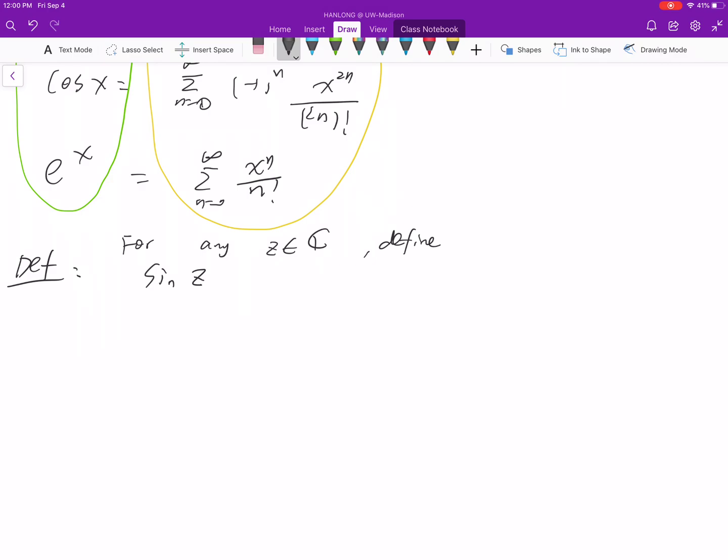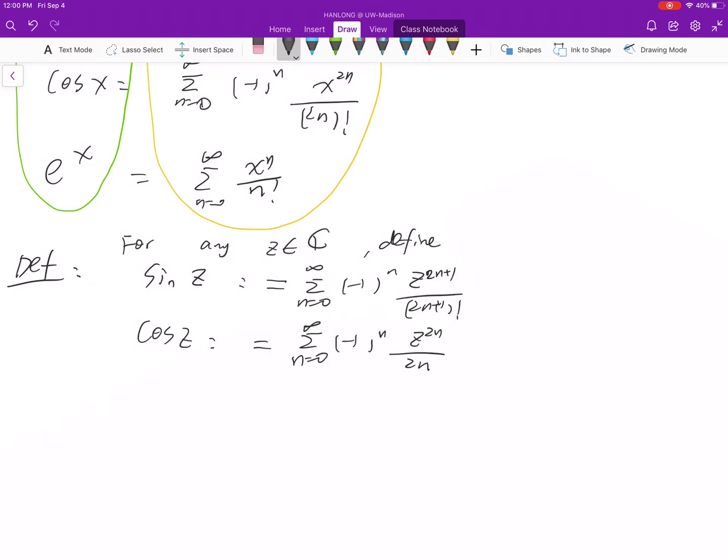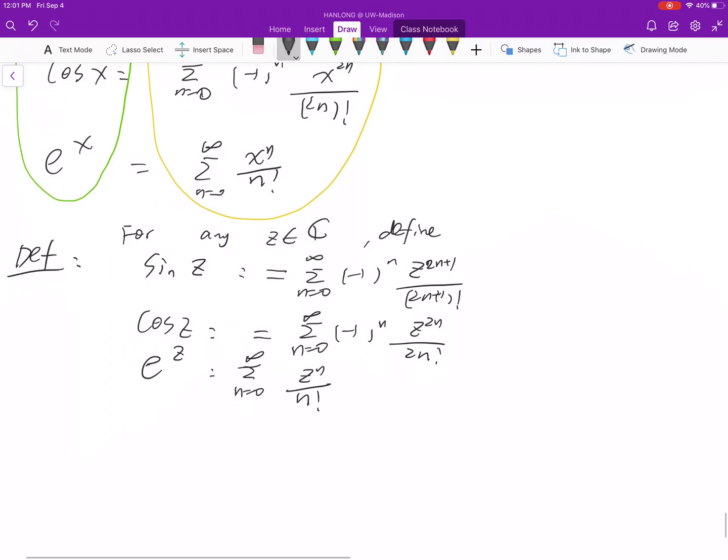define sine z by the power series, the sum of (-1)^n z^(2n+1) over (2n+1) factorial; cosine z defined to be the sum of (-1)^n z^(2n) over (2n) factorial; exponential z, the sum of z^n over n factorial.